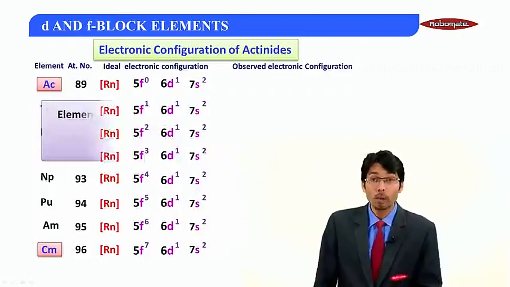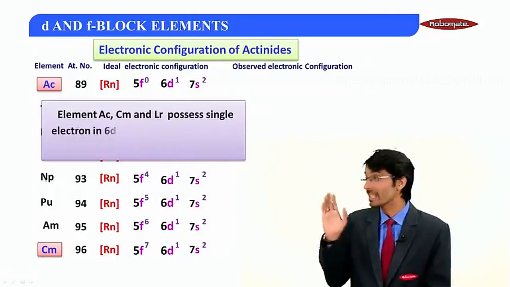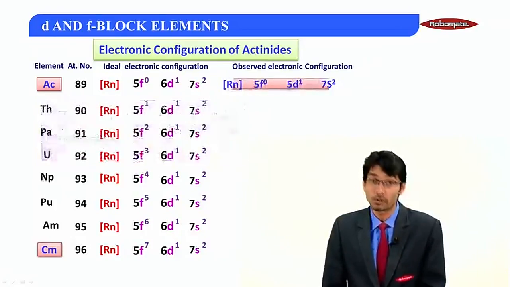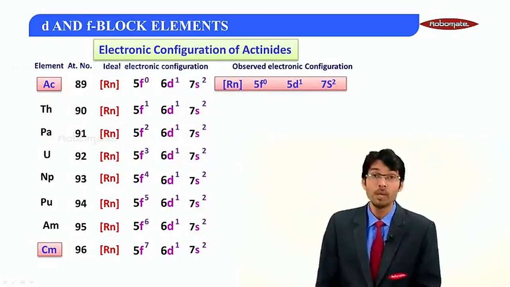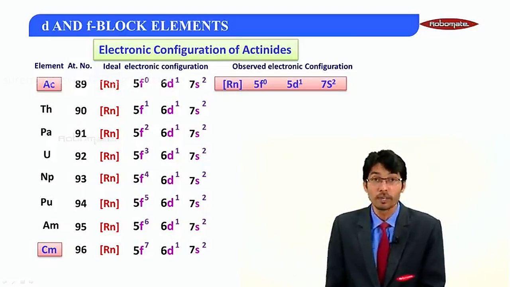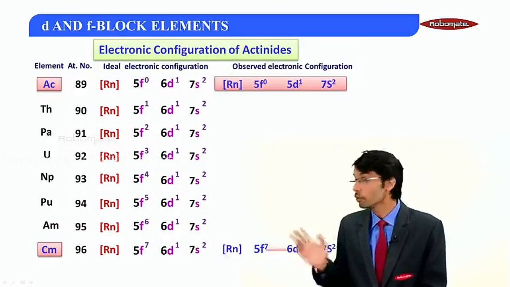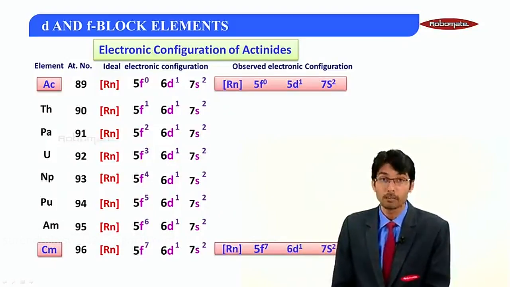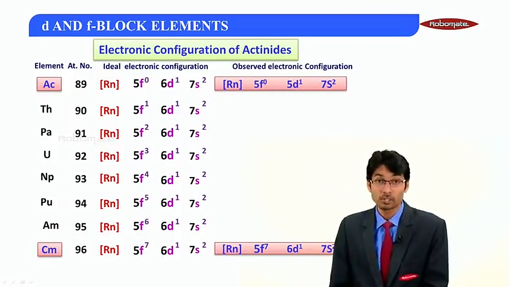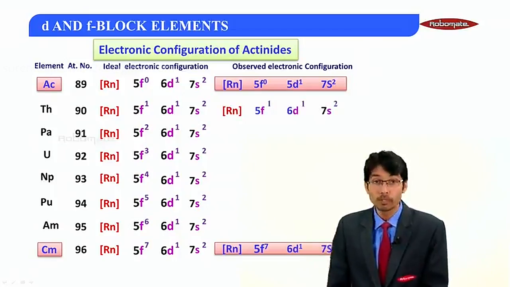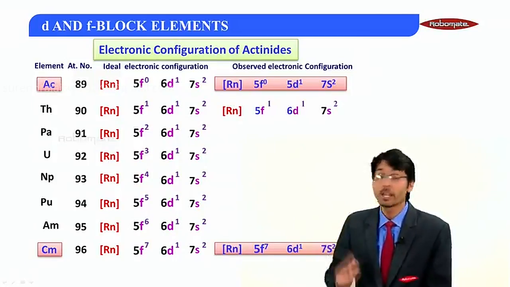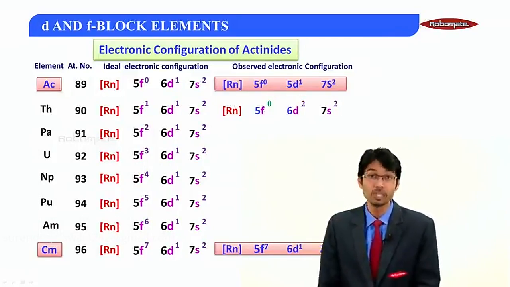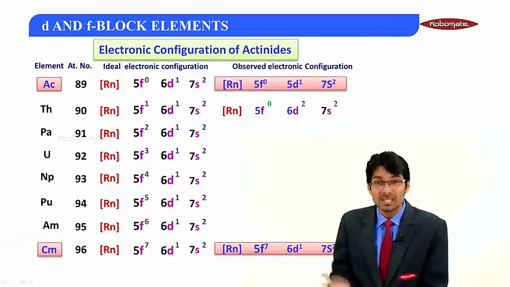So three elements, actinium, curium and lawrencium, do not change their electronic configuration. In actinium, the ideal and observed configurations are the same. Similarly in curium, the ideal and observed configurations are the same, meaning they have an extra stable state. But in thorium, a 5f electron shifts from 5f to 6d, to make it more stable.